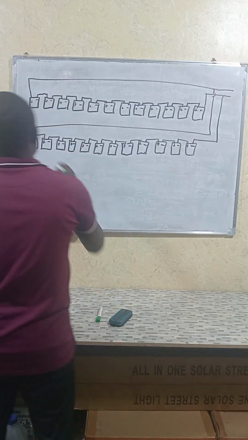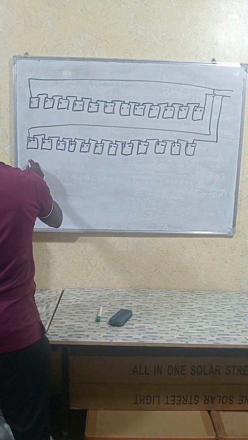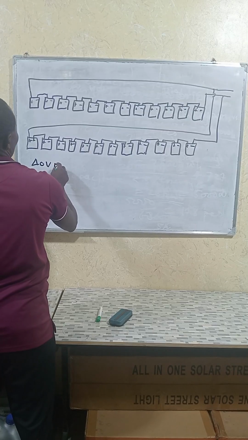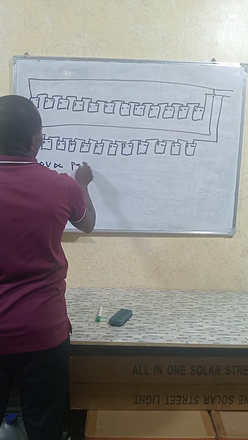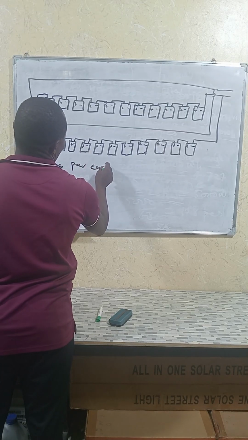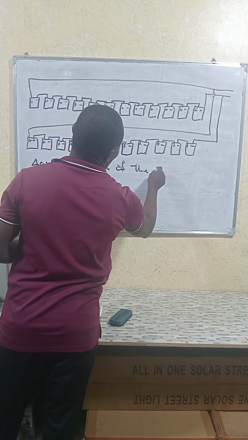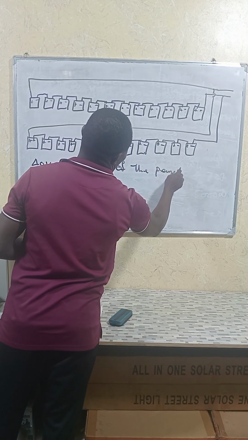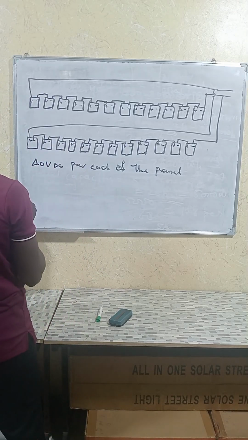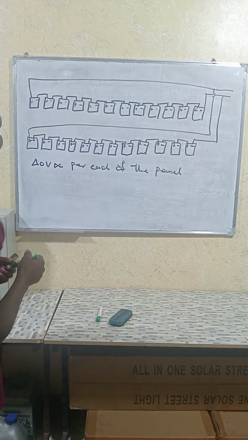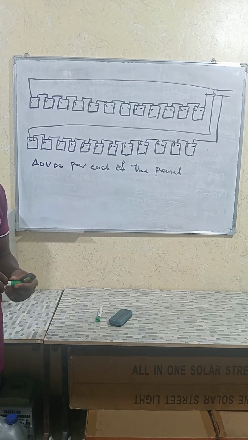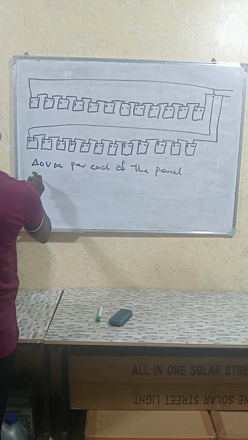From the parameters, we take 40 volts DC per each panel. Now each of the panels is 40 volts. Now we have 30 amps.